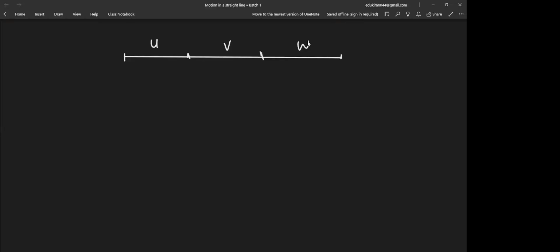We have to find the average speed. If the total distance is x, then dividing the journey gives x by 3, x by 3, and x by 3.